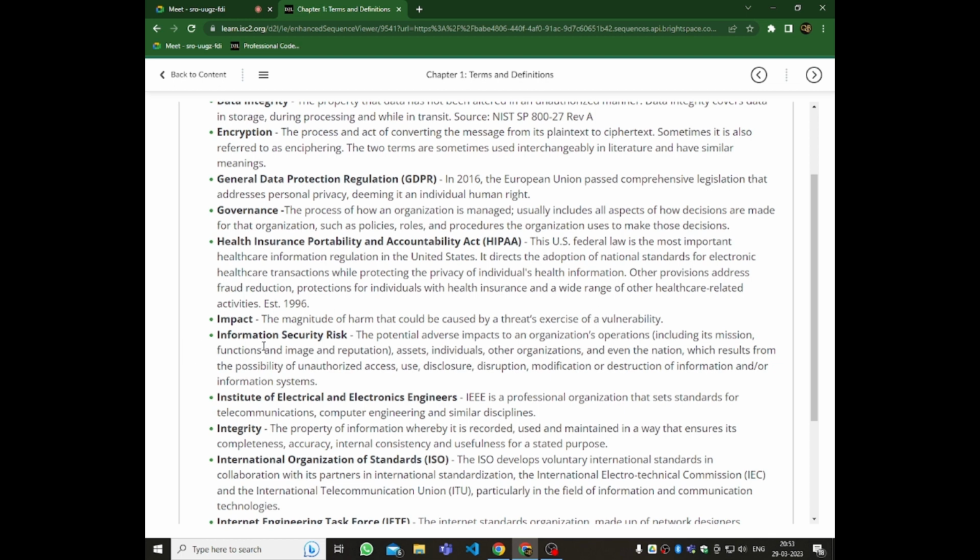And the next is information security risk: the potential adverse impacts to an organization's operations, including its mission, functions, image, and reputation, as well as individuals, other organizations, and even the nation, which result from the possibility of unauthorized access, use, disclosure, disruption, modification, and destruction of information and/or information systems.